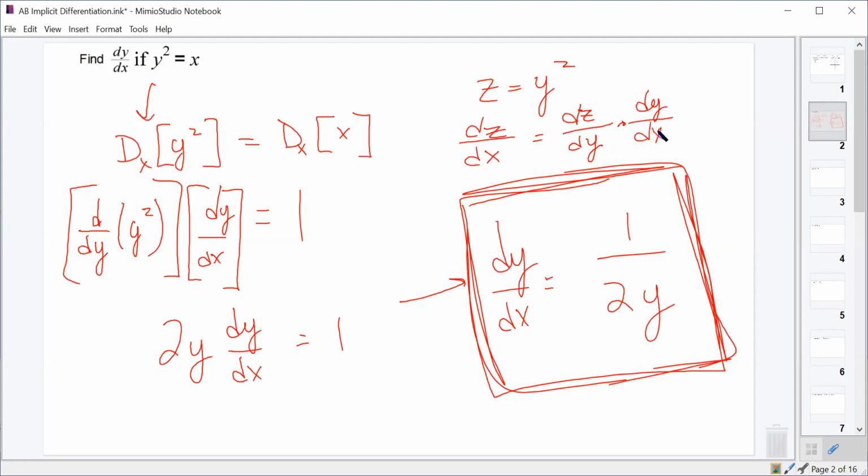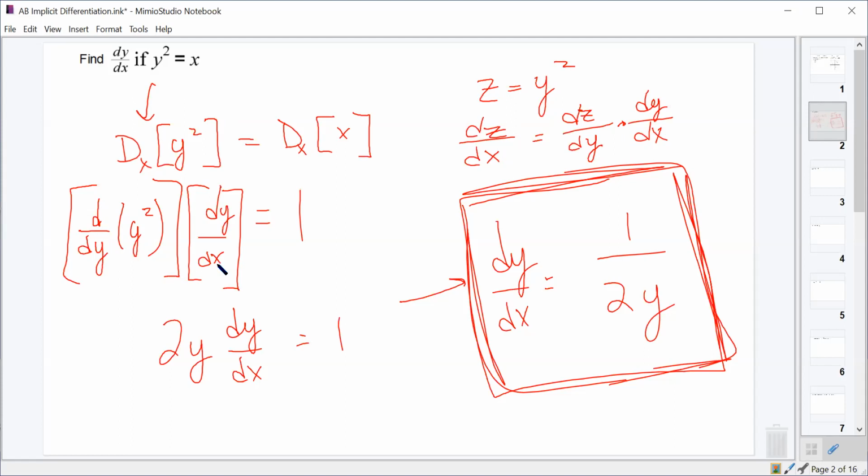True? According to the chain rule. And so that's what we've done here: the thing we're trying to differentiate is z equals y squared. So to find its derivative, dz dx, the derivative of this thing with respect to x, it should be the derivative of it with respect to y times the derivative of y with respect to x. And so that's effectively what we've done here: we've taken the derivative with respect to y of y squared and multiplied it by the derivative of y with respect to x.